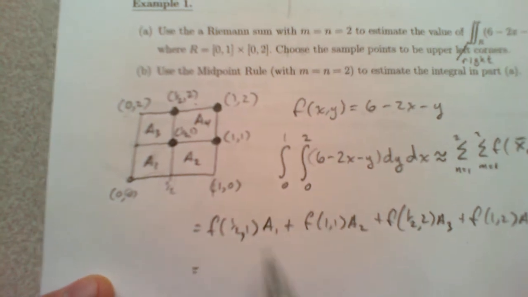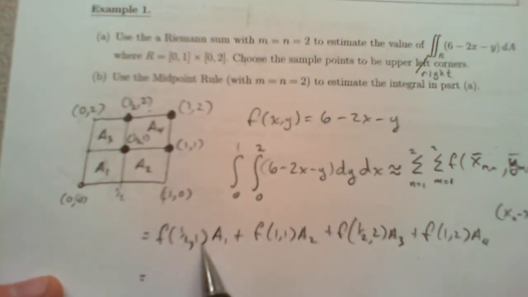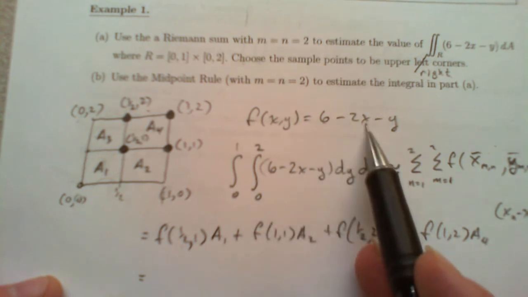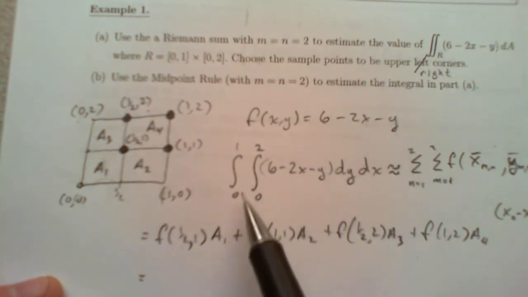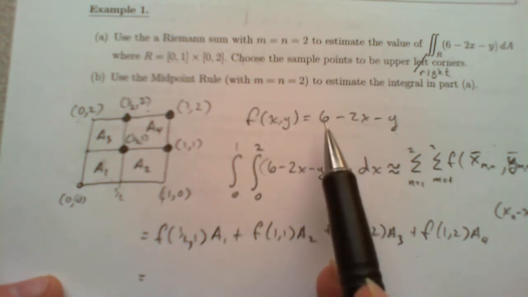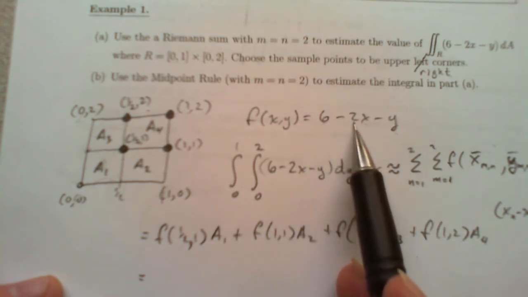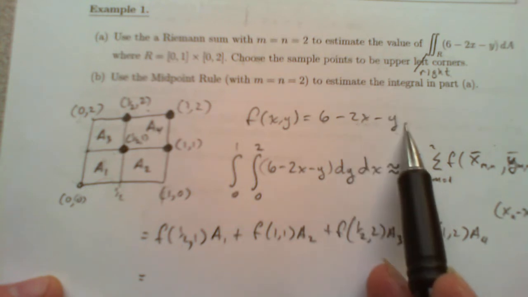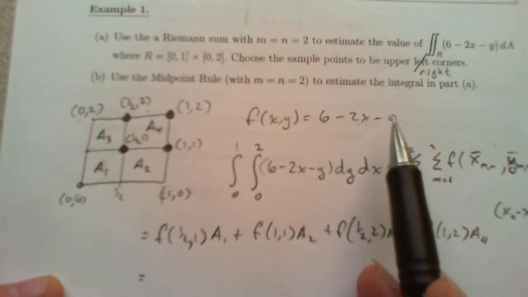Now, how do you get these? You're going to take these points 1/2 and 1, and plug that into what f is. Where there's x, you're going to put 1/2. Where there's y, you're going to put 1. So when you do that, you have 6 minus 2 times 1/2, which is 1, and then minus 1. Then that gives you 4.